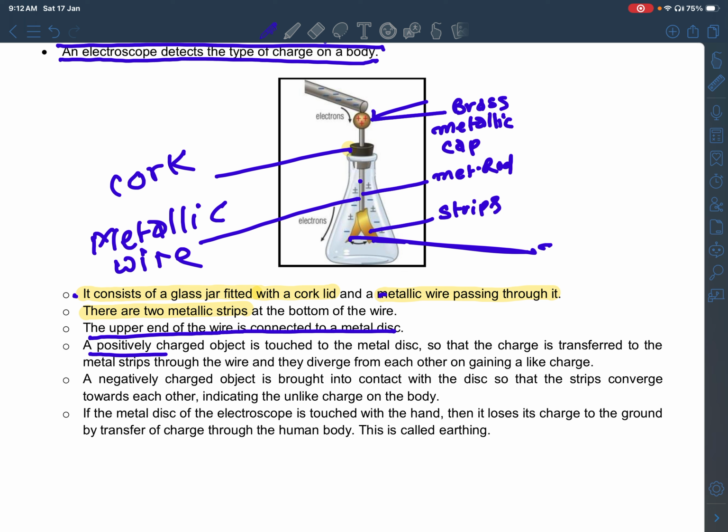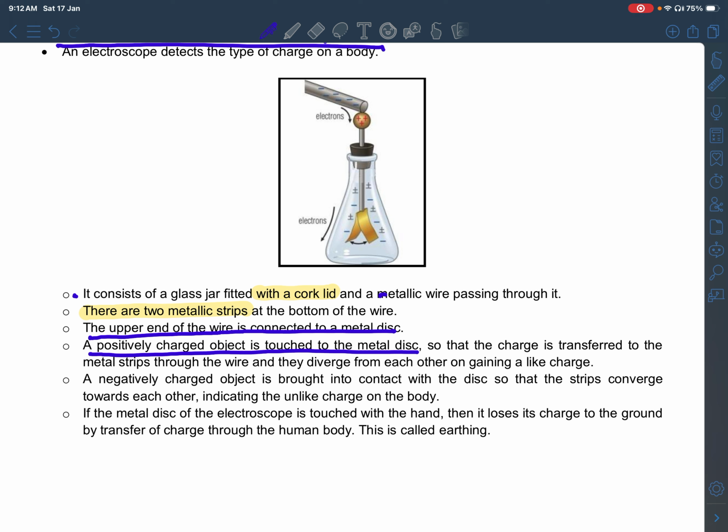Now a positive charged object is touched to the metal disc, so that the charge is transferred to the metallic strips. Suppose we bring a positively charged body near the brass.